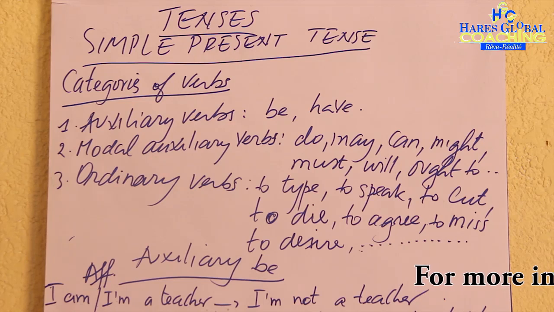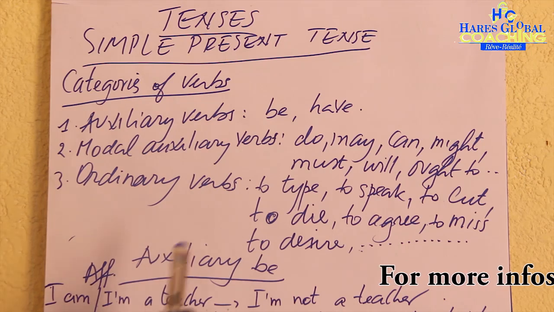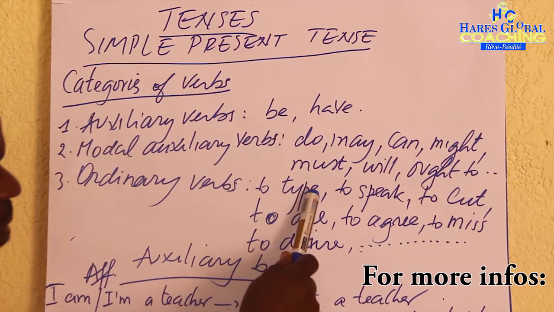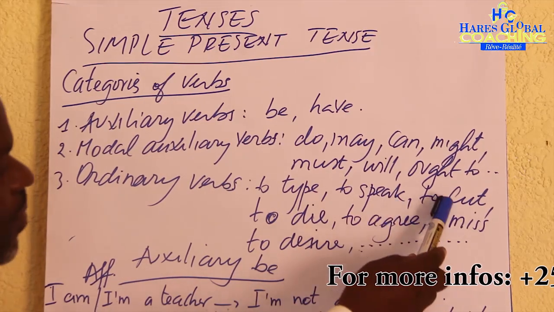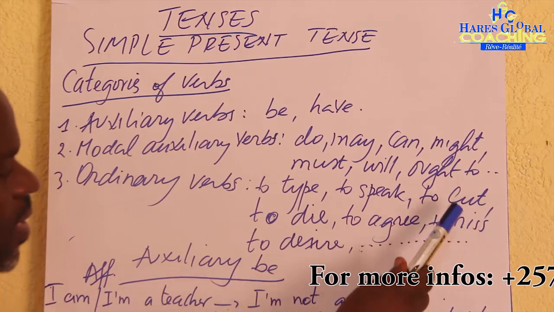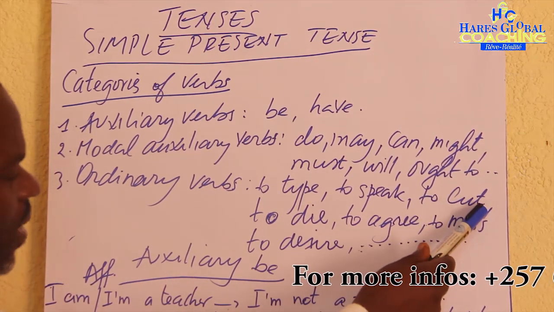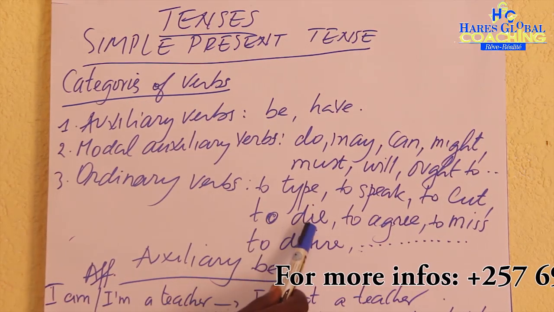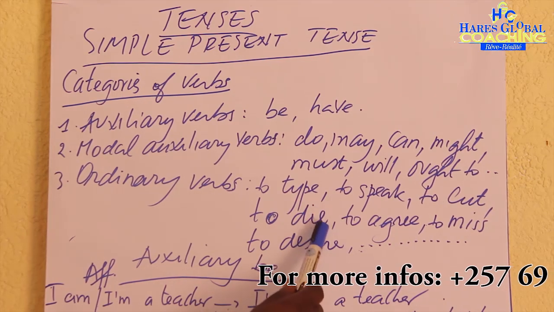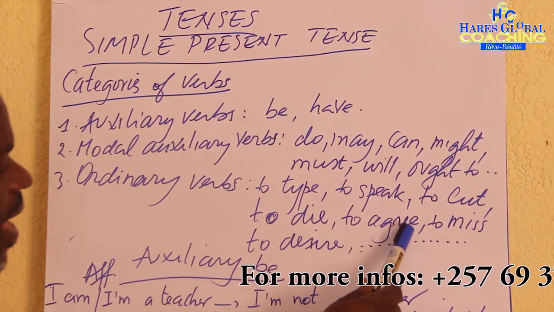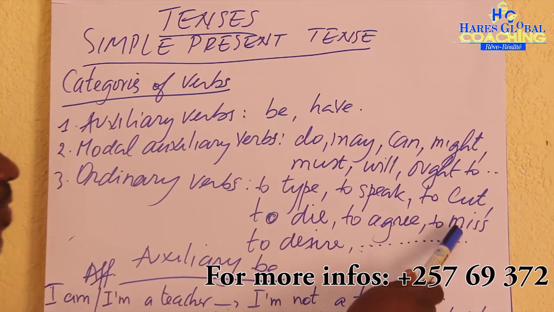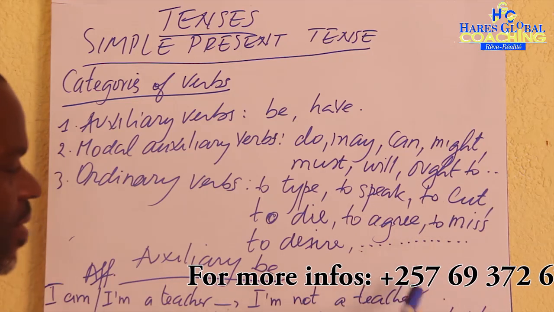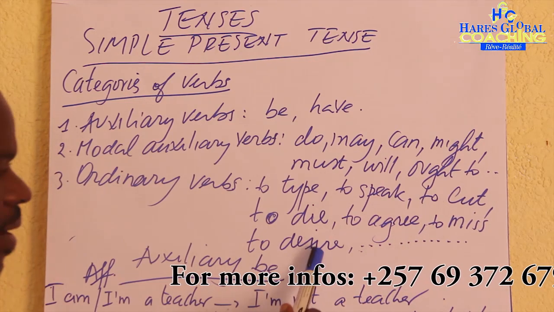This will be shown in the following lessons, but to sum up, I decided to put the verb which ends in a vowel, verb which ends in a consonant, verb having three letters only, consonant, vowel, consonant, verb ending in I and E, verb having double E at the end, verb to miss ending in S, and verb to desire.